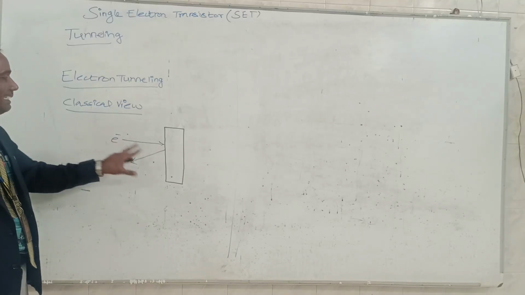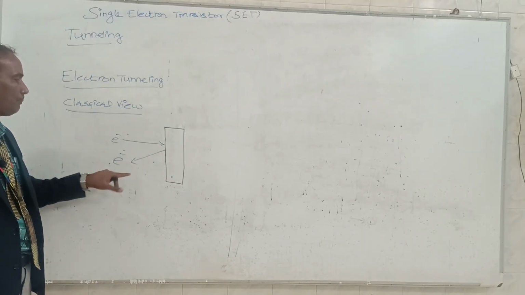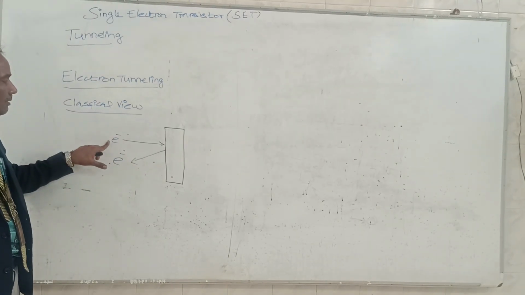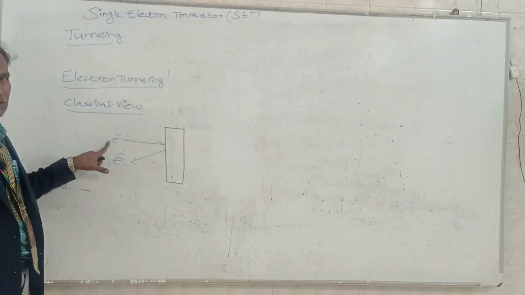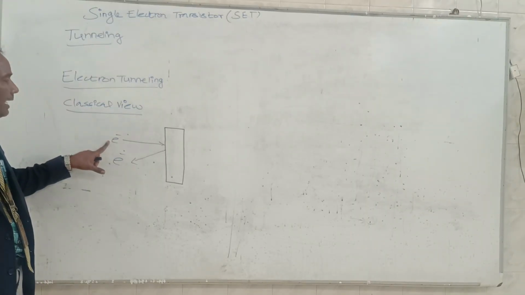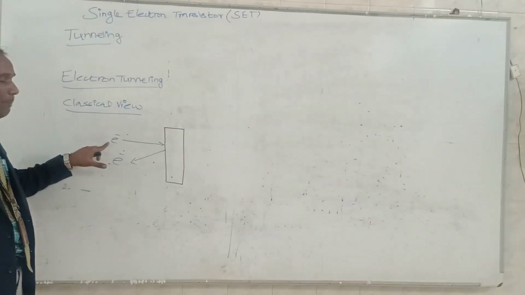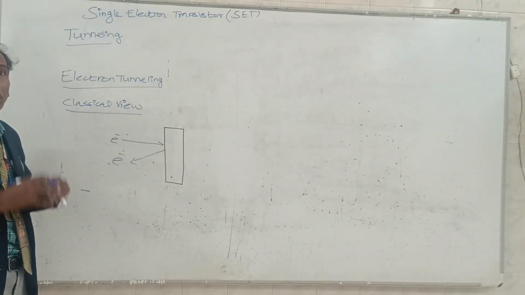So what's the reason behind this? Here the electron exhibits its particle nature. That's why the electron behaves like a particle, like a ball.